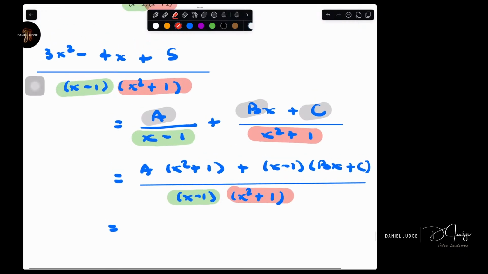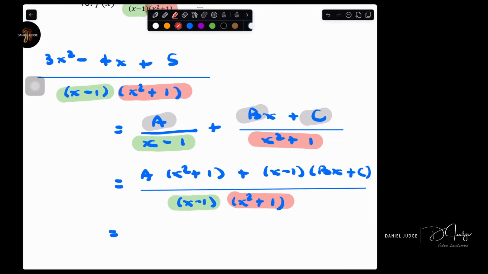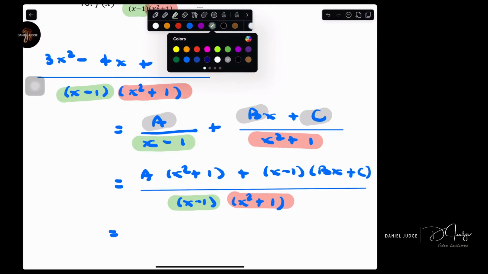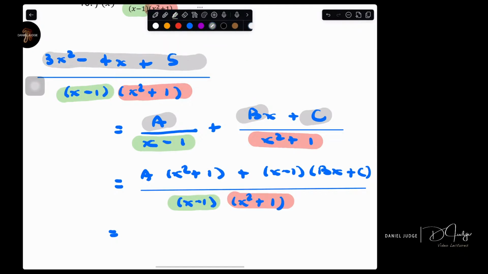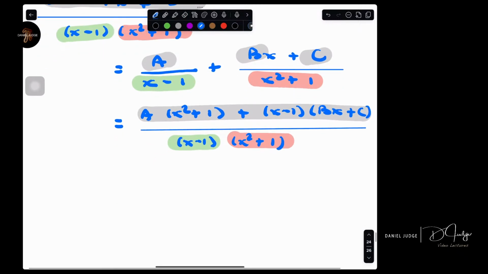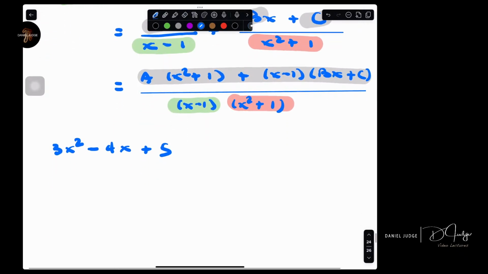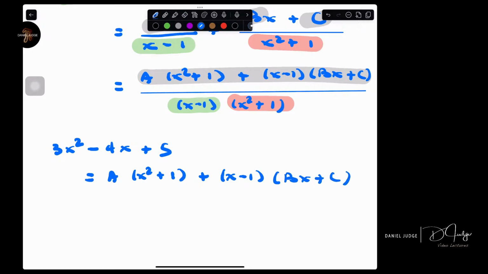Same denominator, equal fractions implies the numerators must be equal. So this is what this means. The numerators have to be the same. It means 3x squared minus 4x plus 5 is equal to a times x squared plus 1 plus x minus 1 times bx plus c.